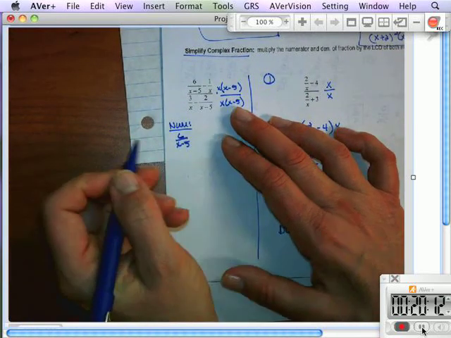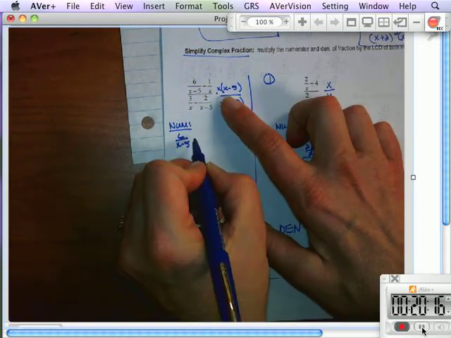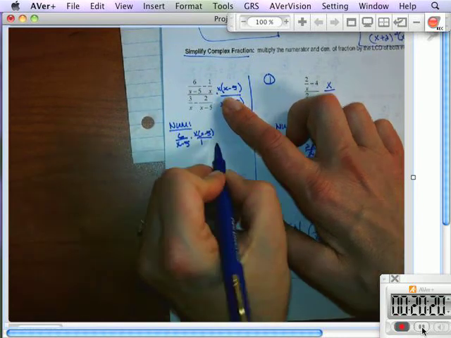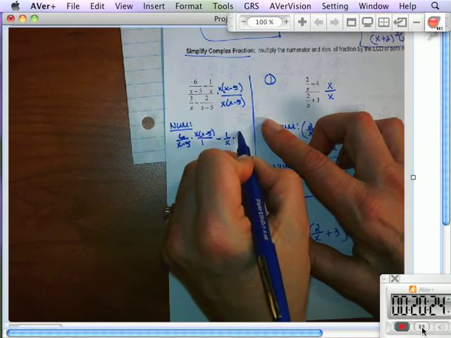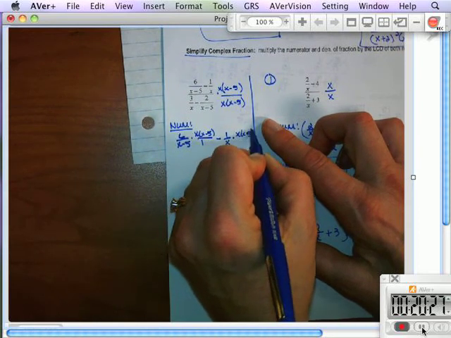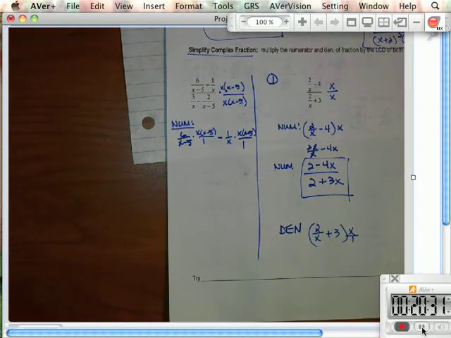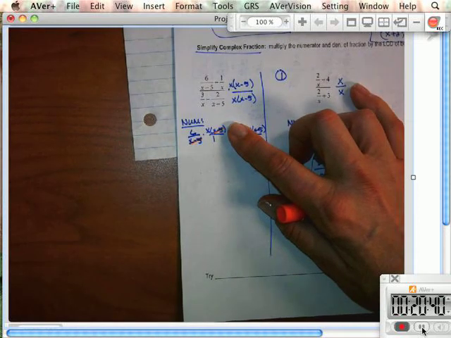I'm going to multiply it by this right here, over 1 minus 1 over x, times x minus 5 over 1. It actually turns out kind of pretty. This goes away in this term, correct? And what do I have left in that term? Just 6x.